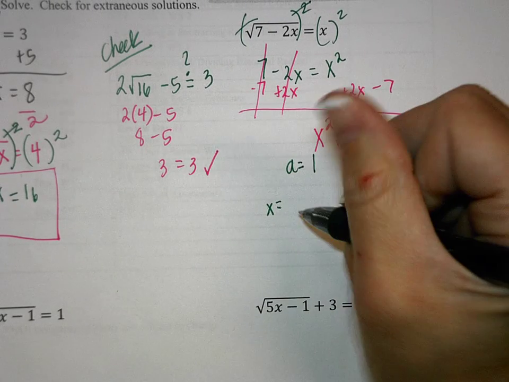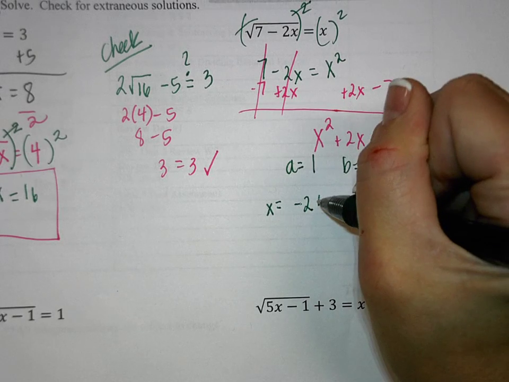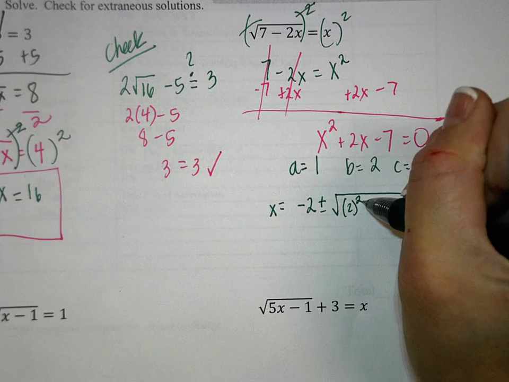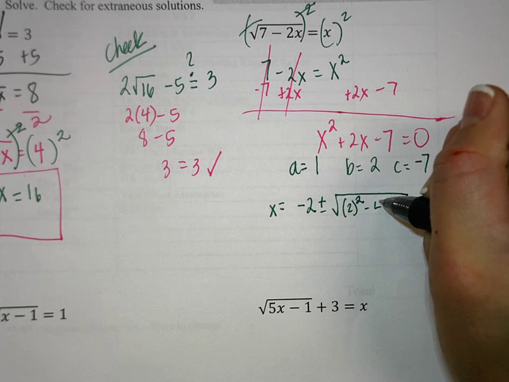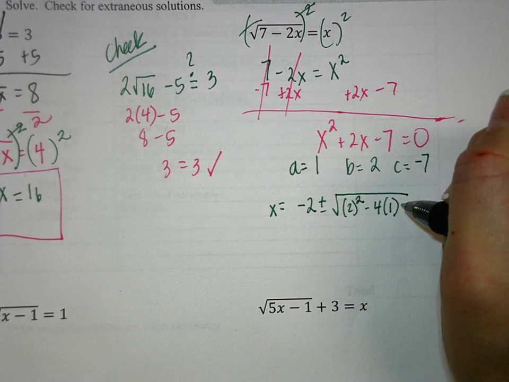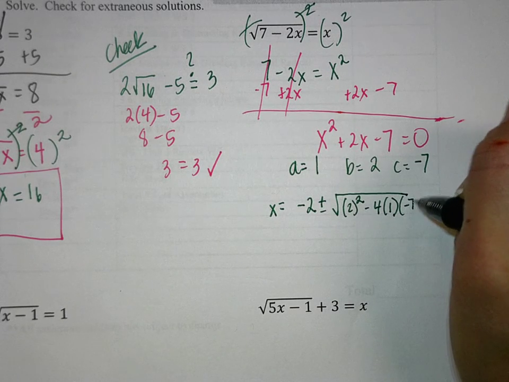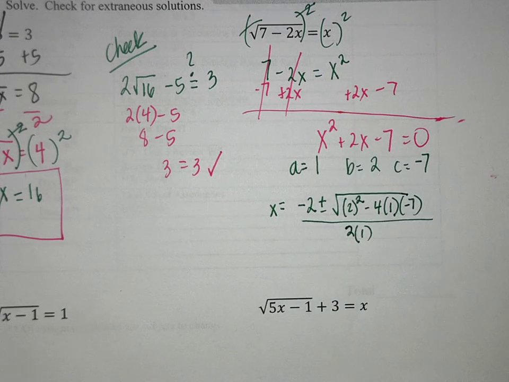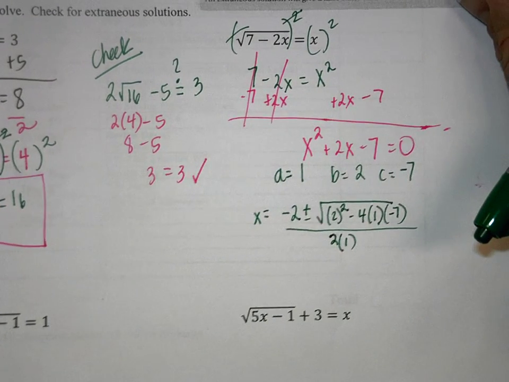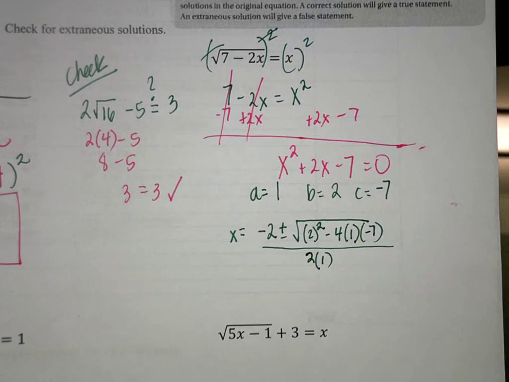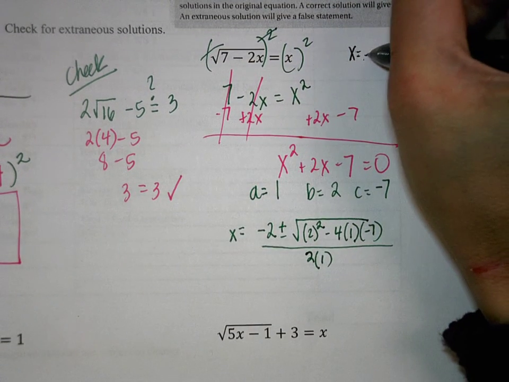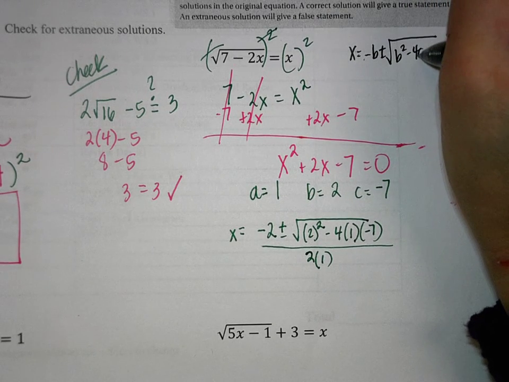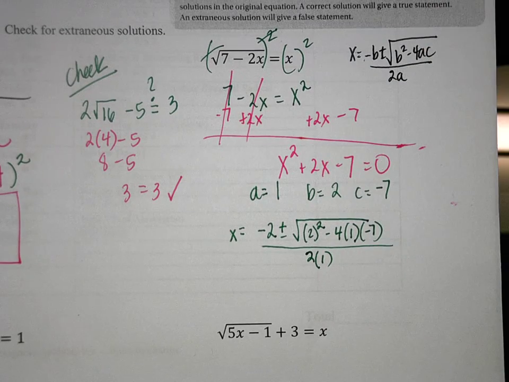Okay, x equals negative b, so that'd be negative 2 plus or minus the square root of b squared, so that's 2 squared, minus 4 times a, which is 1, times c, which is negative 7, all over 2 times a, which is 2 times 1. For those of you that have forgotten, you could always look it up, but I'll write it up here for you again. So x equals negative b plus or minus the square root of b squared minus 4ac all over 2a.